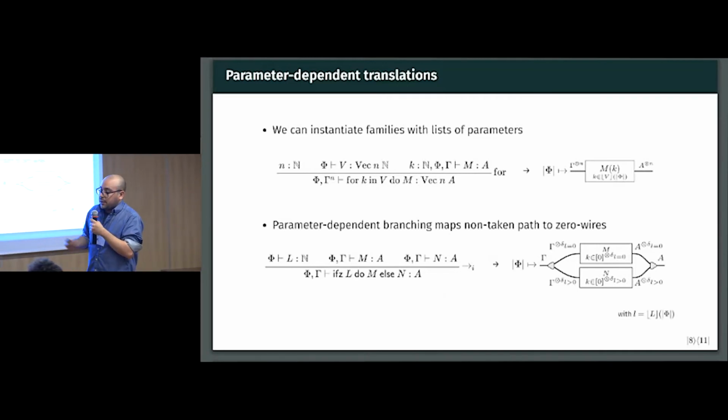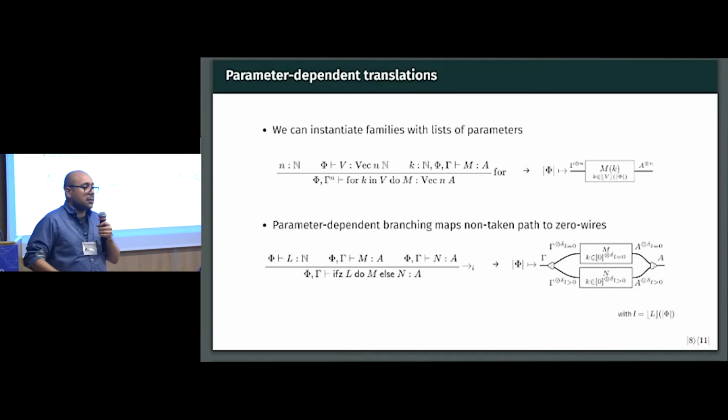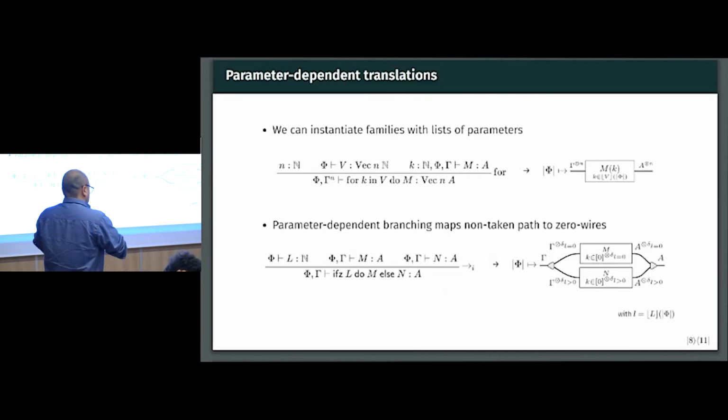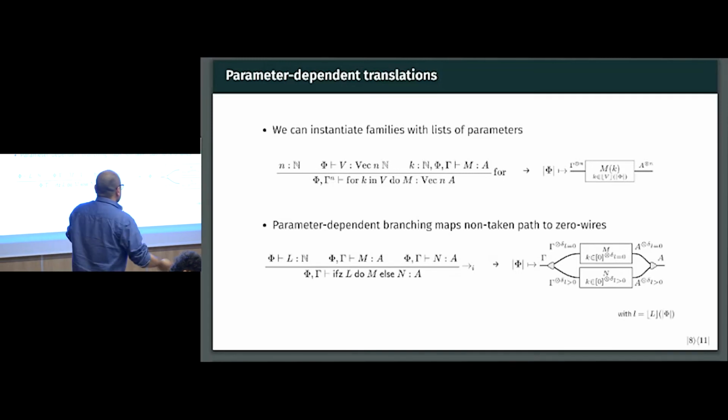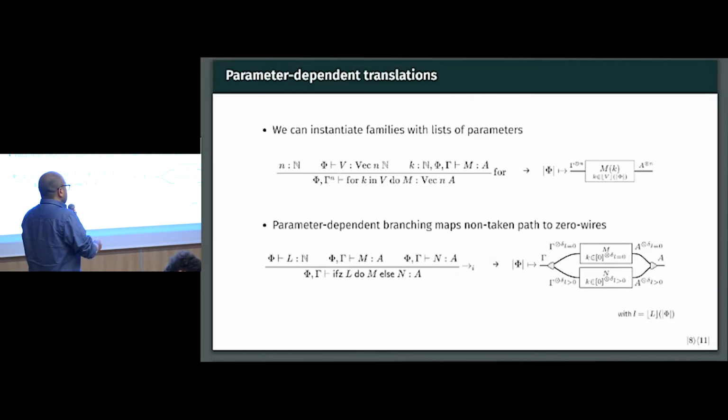The other cool thing about this is that we can encode branching. We can encode conditionals. In the if 0, which checks if this natural number is 0 or not, in that case, we can split into two diagrams.